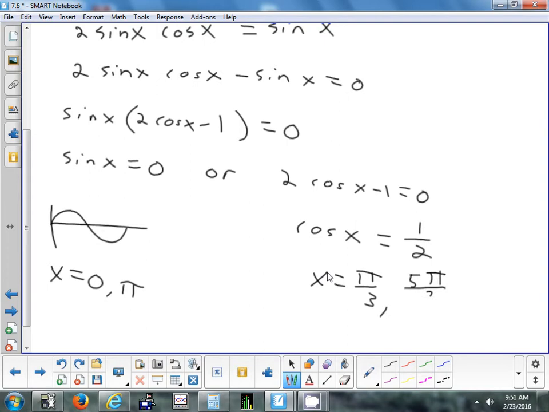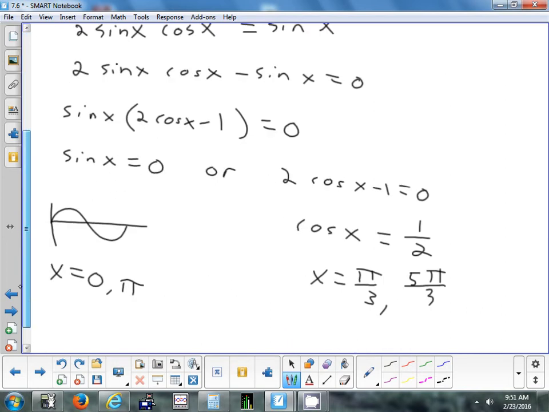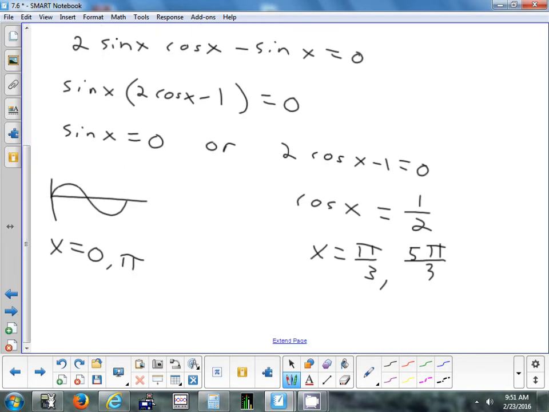If you look earlier in your notes, we already did this one. Okay. Now the last thing, just make sure all the answers are within 0 to 2 pi. Okay. All of these answers between 0 and 2 pi?